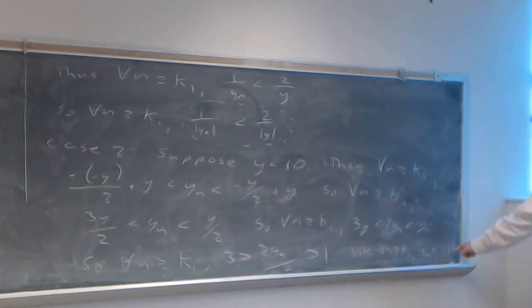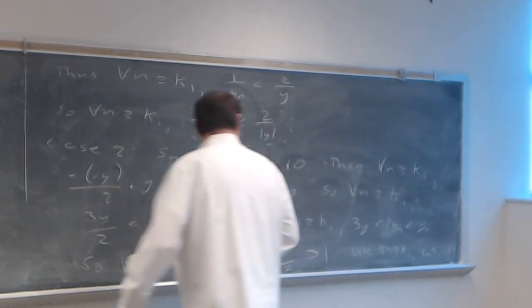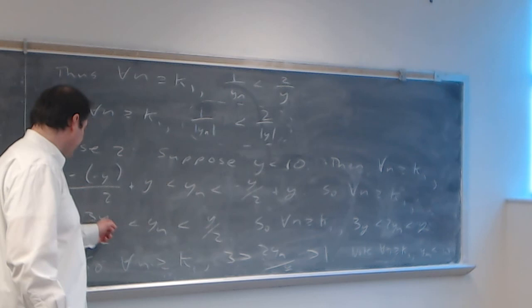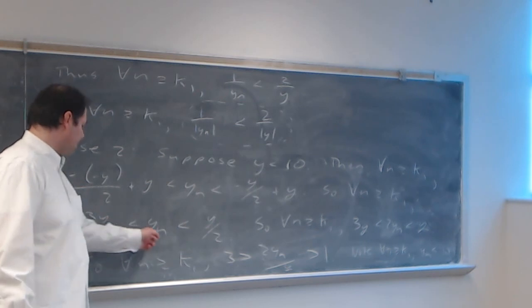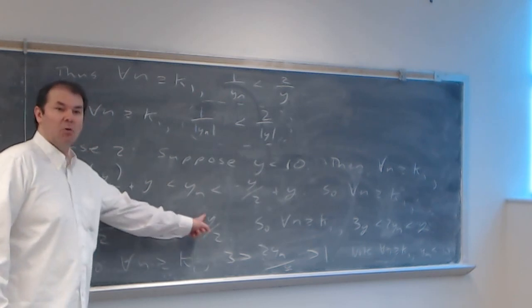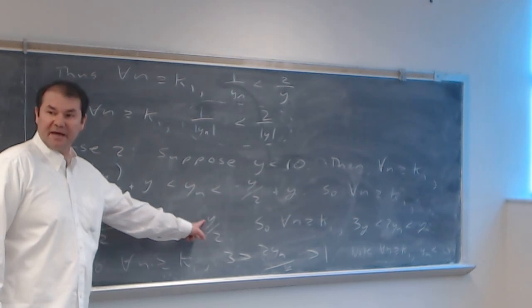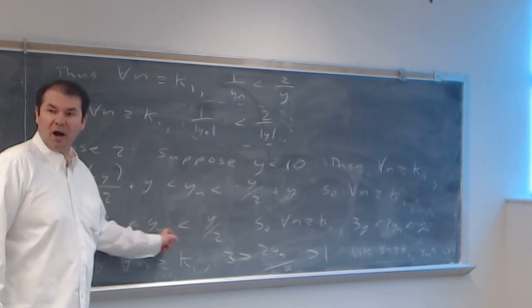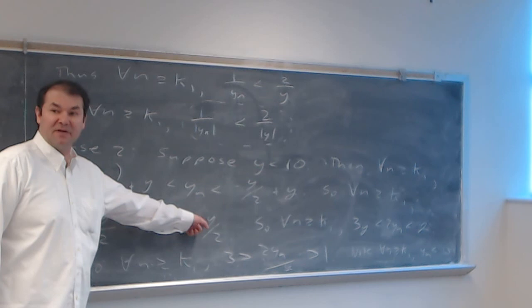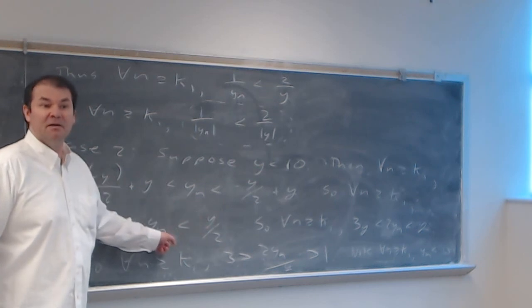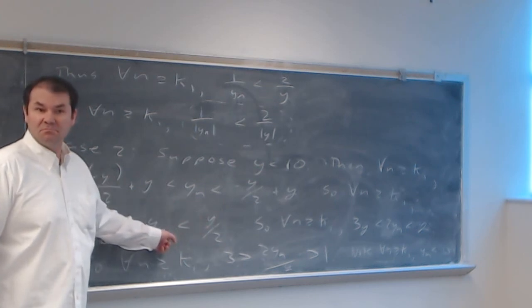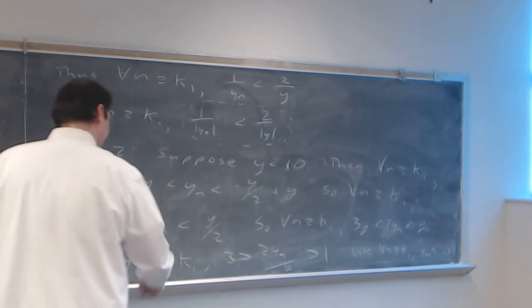Where did I come up with that? Here's where I came up with it. Here's the statement for all n bigger than or equal to k sub 1: 3 times y divided by 2 is less than y sub n is less than y over 2. What kind of number is y over 2 in this case? It's negative. And y sub n is less than this particular negative number, so that means it must be negative. Is that okay? Okay, so that's what I've got.